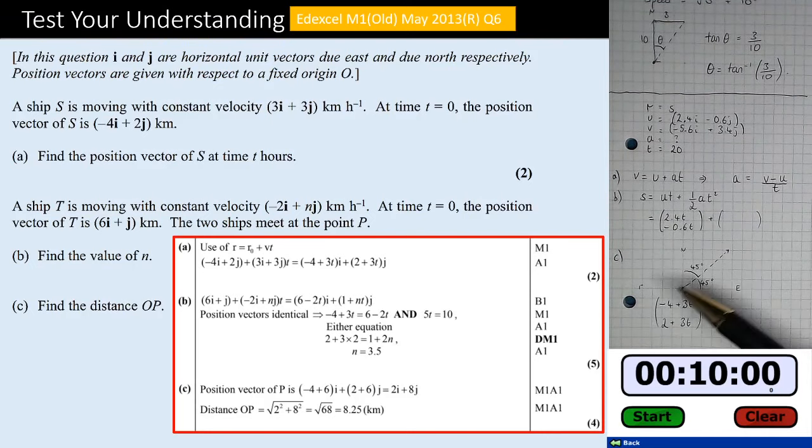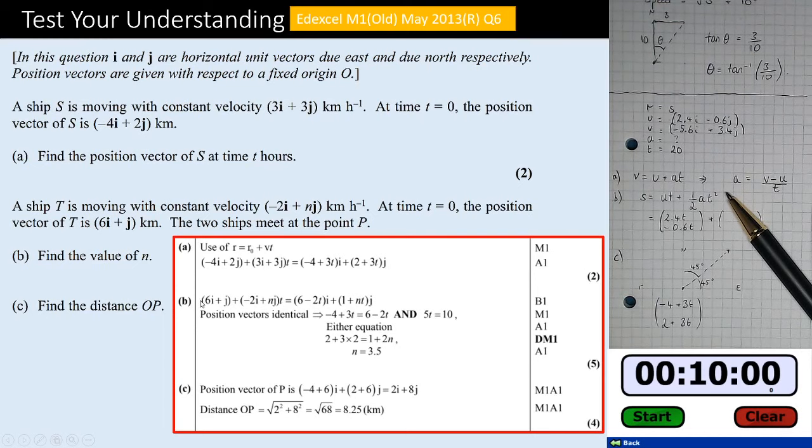For part B, we have the position vector for the second one here. There we have it all grouped together.